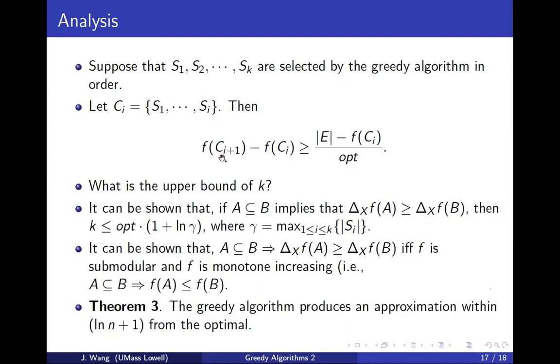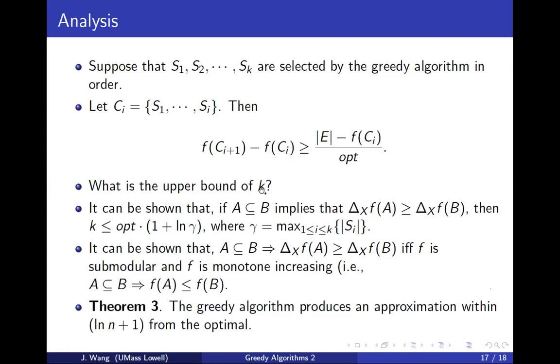Then f of C sub i plus 1 minus f of C sub i is greater than or equal to what has not been covered over the optimal solution.